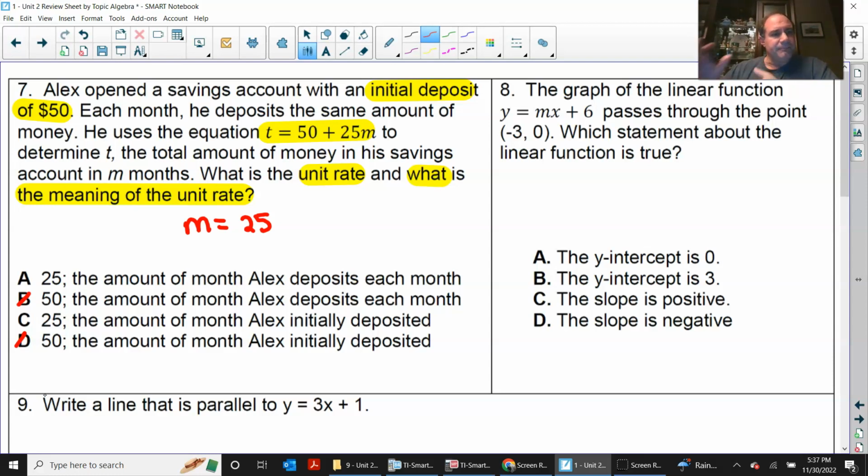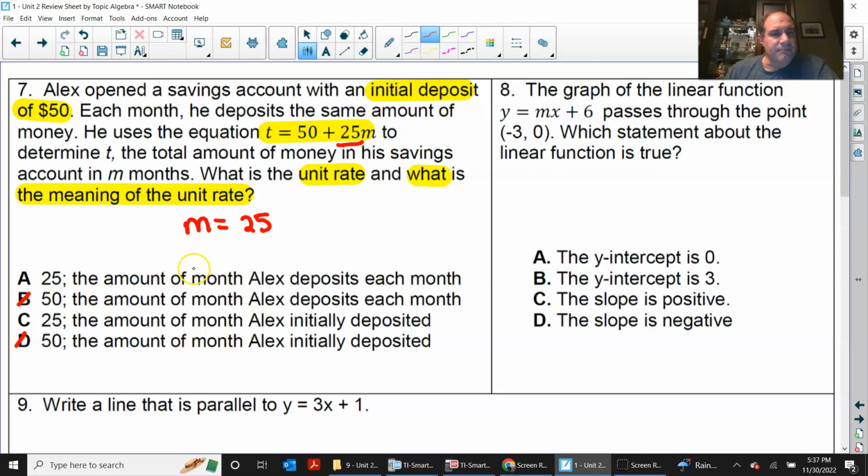All right, so we have 25 for A and 25 for C. So now we have to read the meaning. It's supposed to say the amount of money Alex deposits each month. He opens up a savings account, and each month he deposits the same amount.